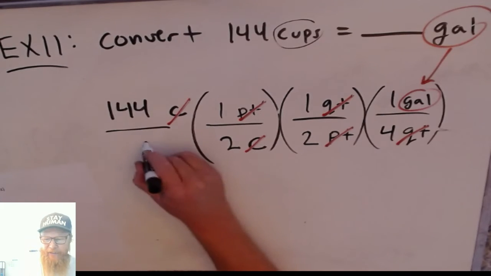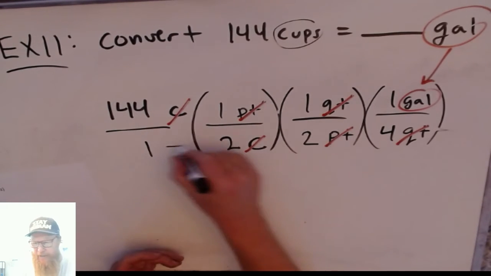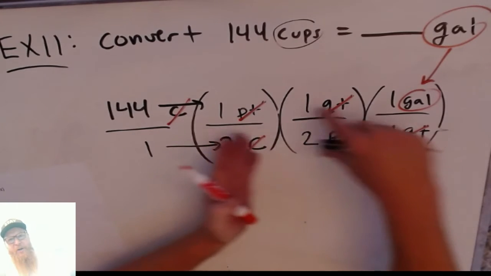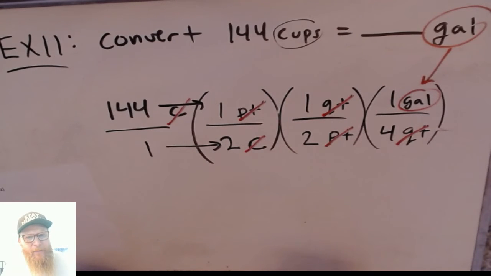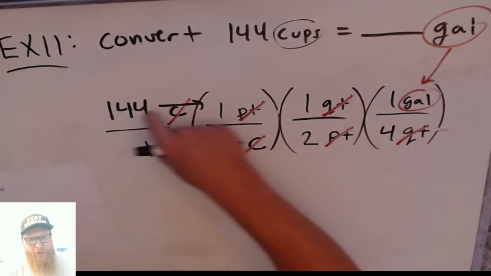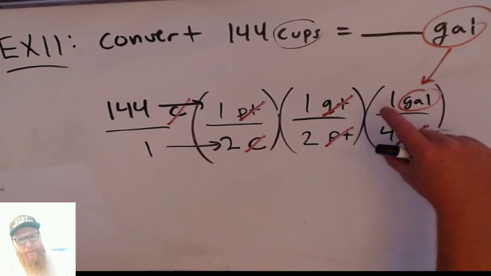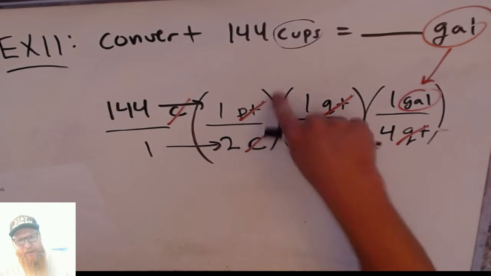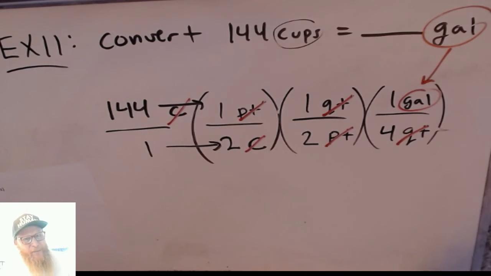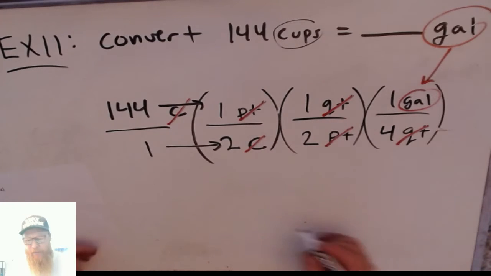And then again, if you like to put a 1 on the bottom to make sure that everybody goes horizontally. Right? Notice I'm not cross multiplying. I am multiplying straight across, parallel multiplying. The only crossing you're doing is crossing off the units, canceling, but you're multiplying straight across.